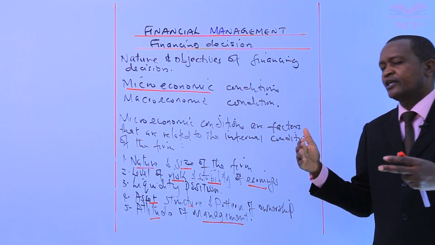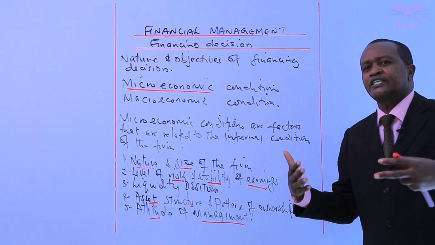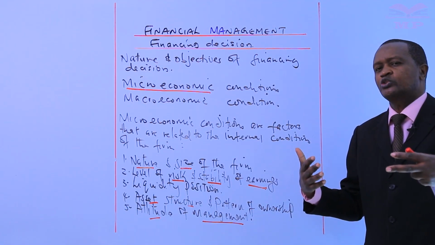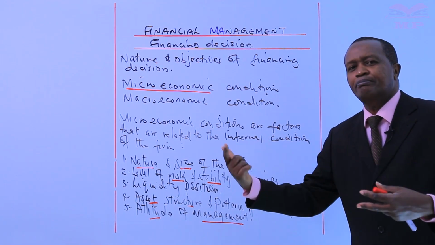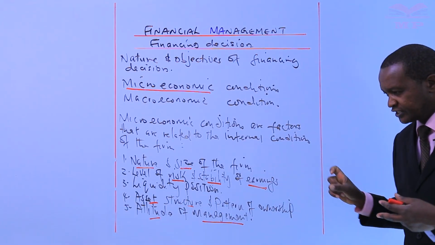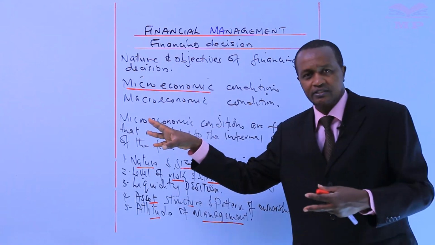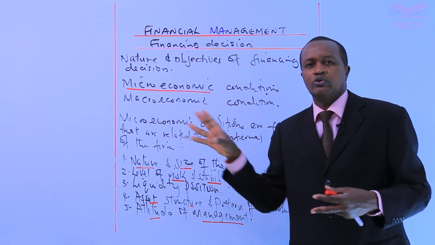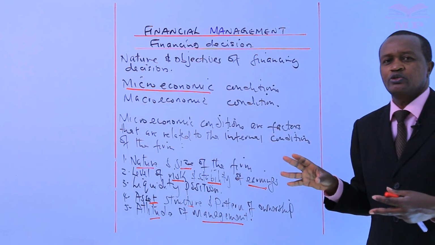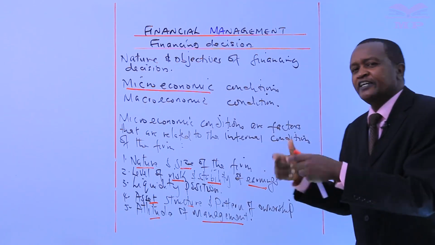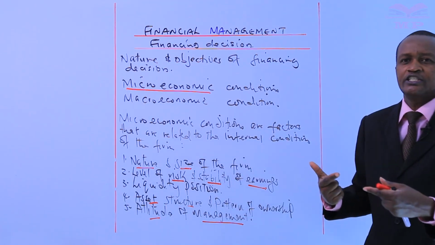For example, a conservative manager attempts to tread on what we call a beaten path. That's a conservative manager, will not go into new ventures, risky projects, no. Such a manager will prefer to avoid the fixed obligations of raising additional capital.